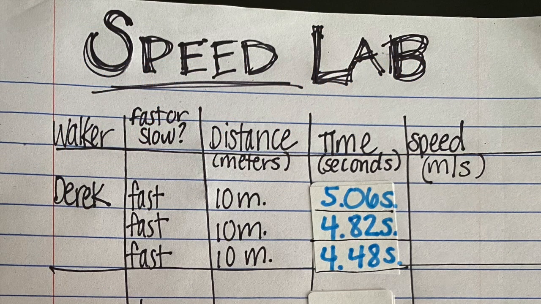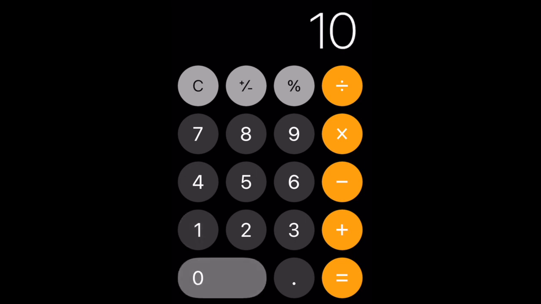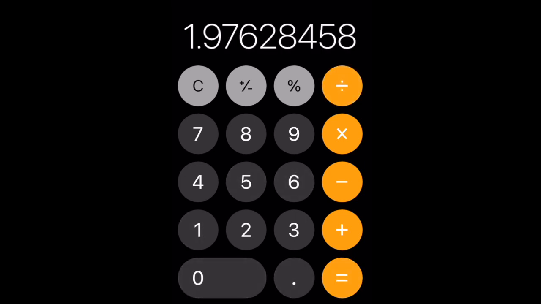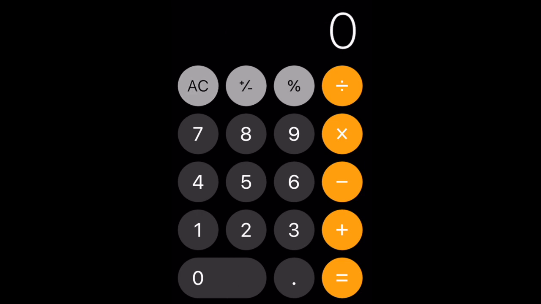Use a calculator or a calculator on your Chromebook to determine the speed. To find that, I'm going to take my distance, which was 10 meters, divide it by the time, and I can find the speed, which is meters per second.